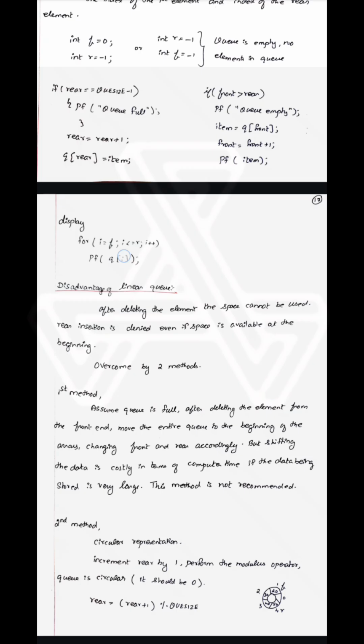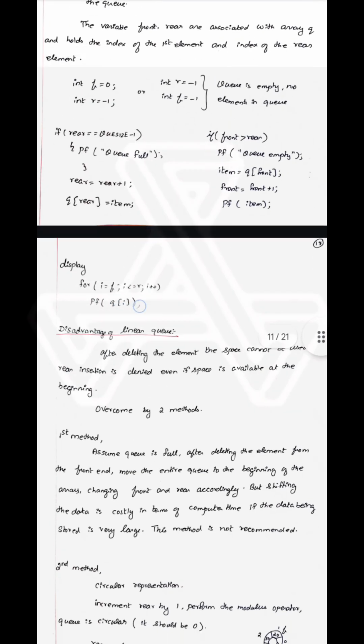The queue is empty, no elements in the queue. If rear equals queue size minus 1, the queue is full. Otherwise, rear is equal to rear plus 1, and queue of rear is equal to item, for inserting an item.